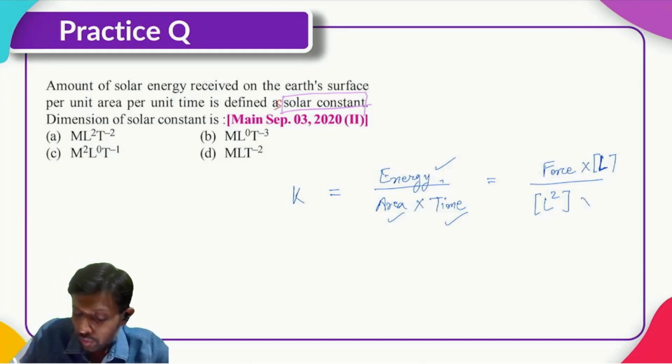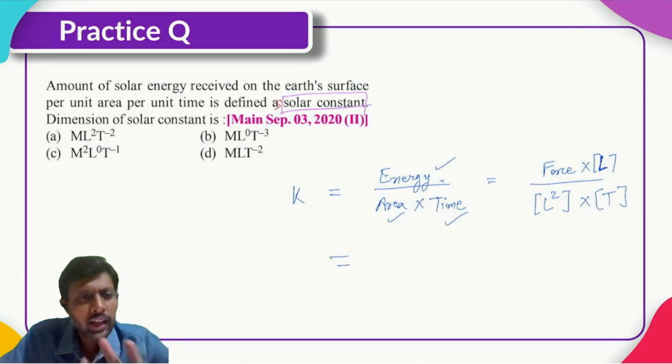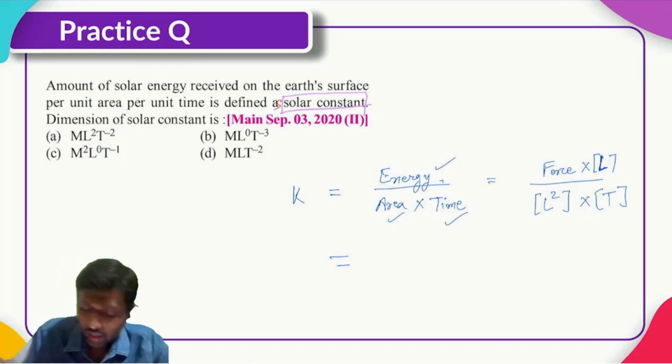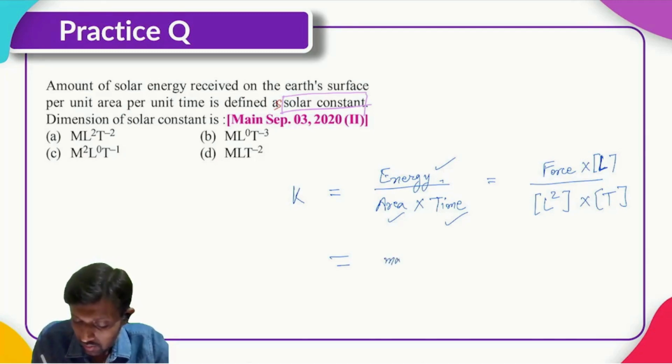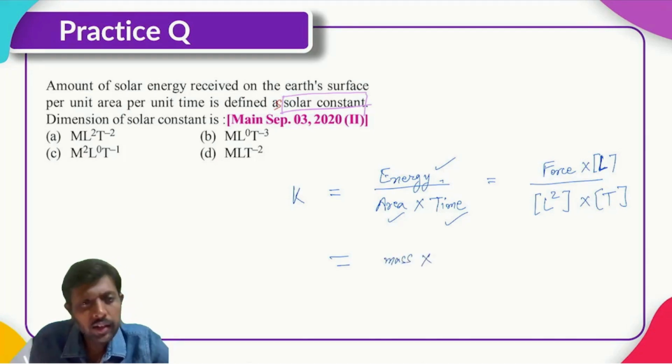What is the dimensional formula for time? T. That's all. Almost 80% of my work is done. If I'm able to find out the dimensional formula of force, I will have my answer. Well, force is given by mass into acceleration. So mass into acceleration.